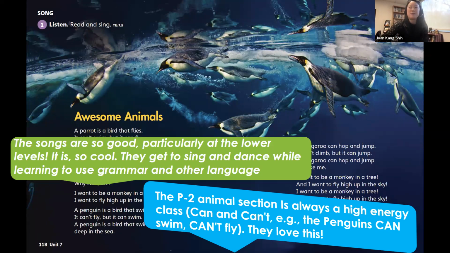So that also helps to keep your young learners active in the classroom. The last quote, the animal section, it's always a high energy class. Can and can't, the penguins can swim, they can't fly. They love this. So it's such a wonderful way to get students engaged with the new vocabulary and the new grammar. All right, moving on.